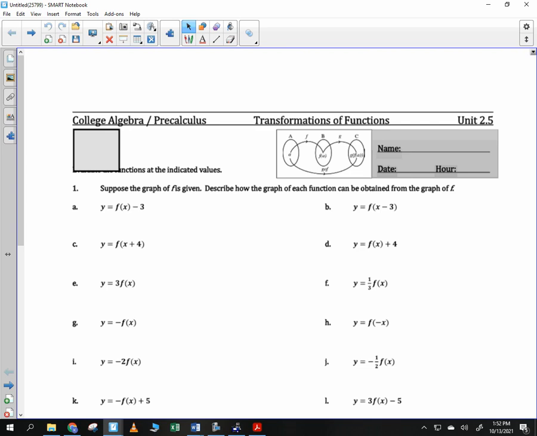Okay, on this worksheet right here, all you're going to be doing is describing how the new graph is different from the original one, which would be f. Okay, so for example, what's this minus 3 going to do? So all you would need to write is down 3.